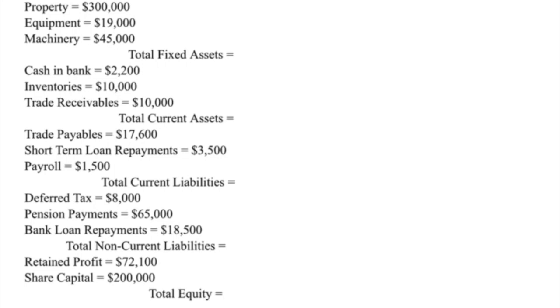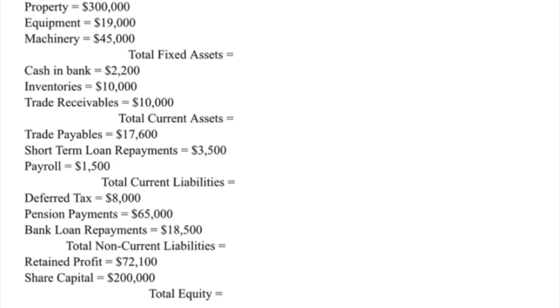And for your non-current liabilities, you've got tax, which has been deferred. So in other words, you don't have to pay it back straight away. It's been deferred for a later point. You've got pension payments for your staff in the future, and you've got your long-term bank loan repayments. And finally, the company's being funded by retained profit and share capital. So remember, share capital is the money that you receive from selling shares.